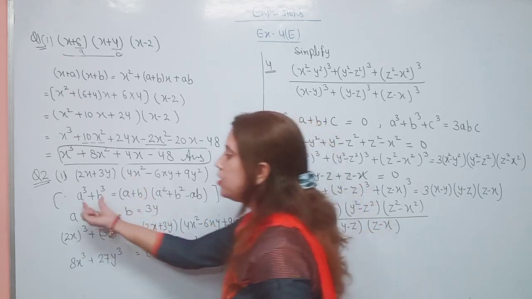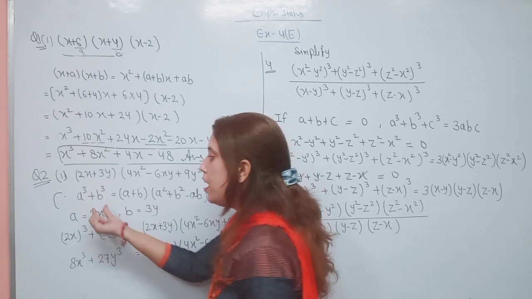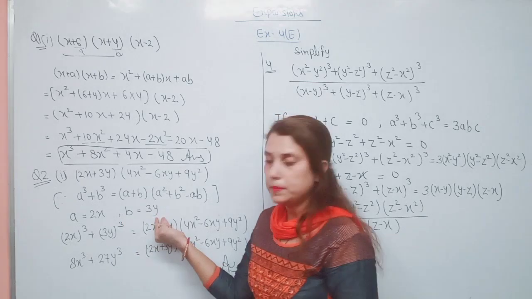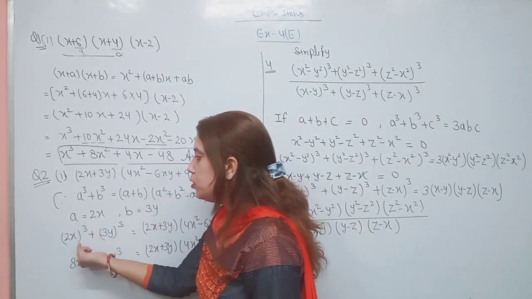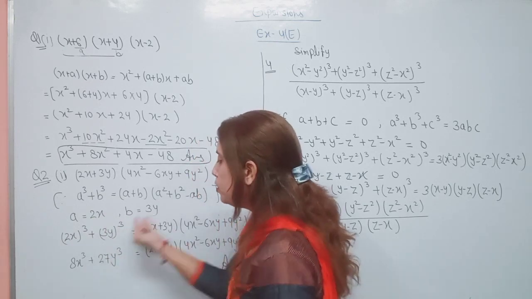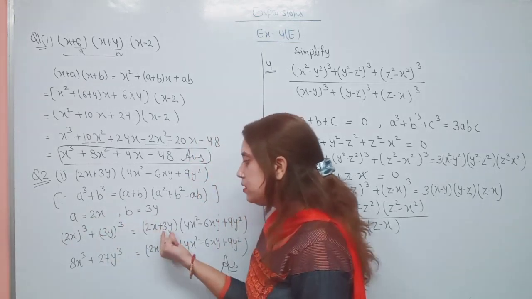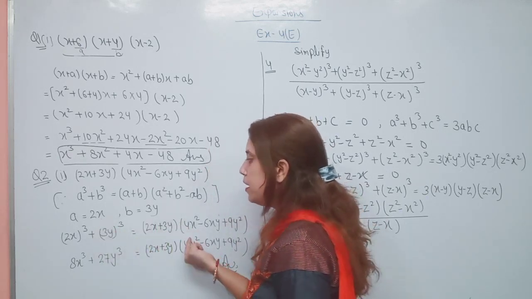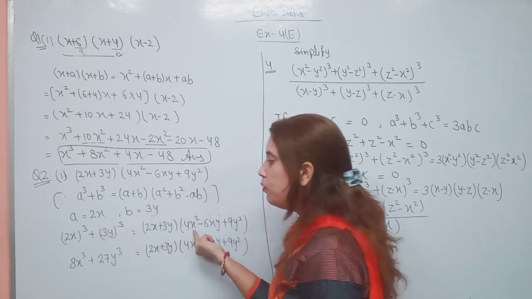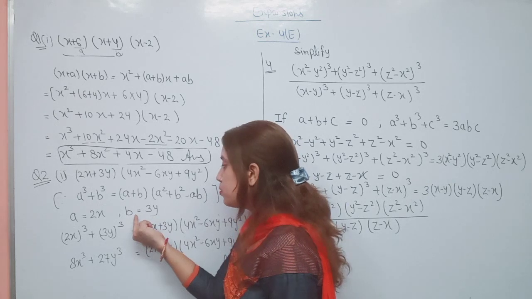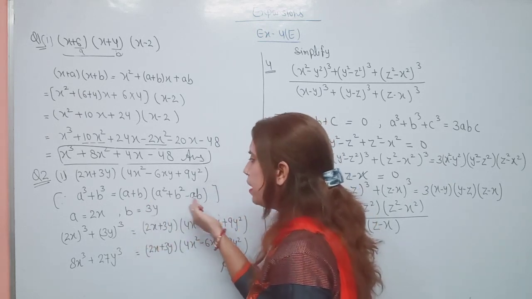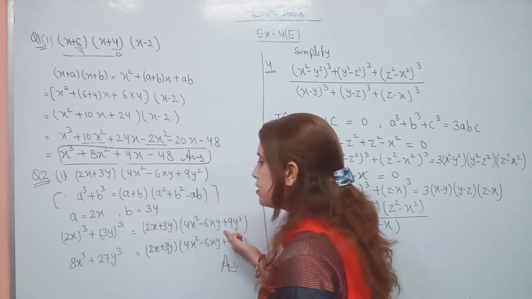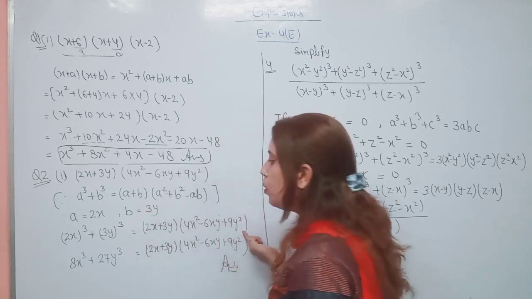So we use the a cube plus b cube identity here. The value of a is 2x and the value of b is 3y. Now apply the identity: a cube, (2x) cube, plus b cube, (3y) cube. When we open the identity, it will be (a + b), that is 2x plus 3y, into a square, (2x) square is 4x square, plus b square, and minus ab, which is 2 into 3, 6xy, minus 6xy, plus b square, 9y square.